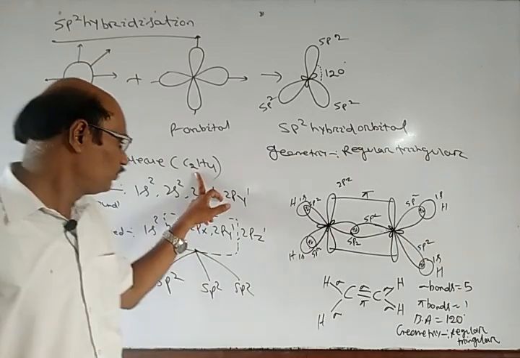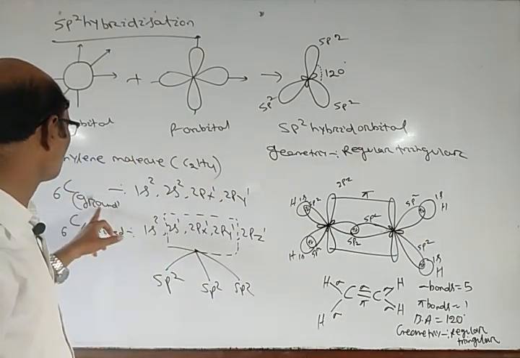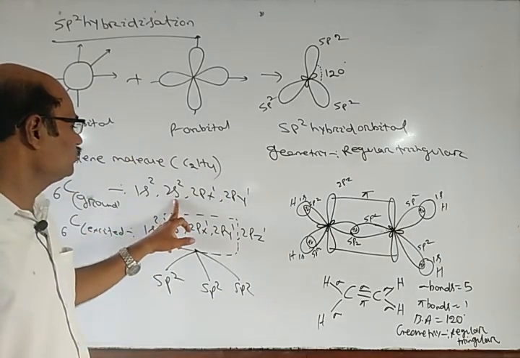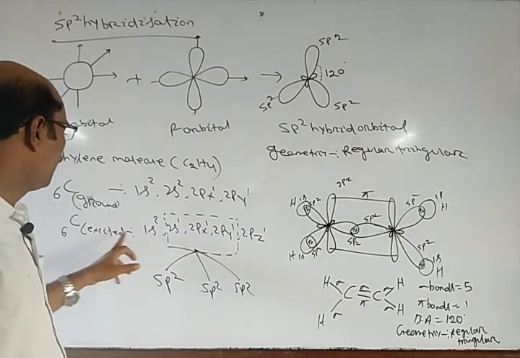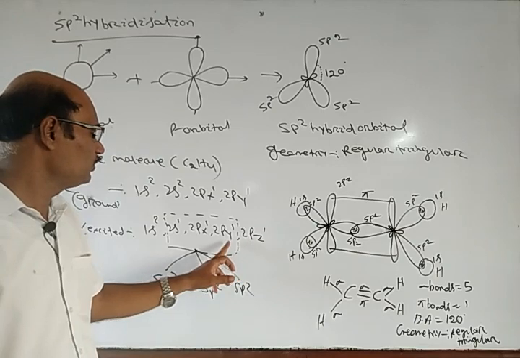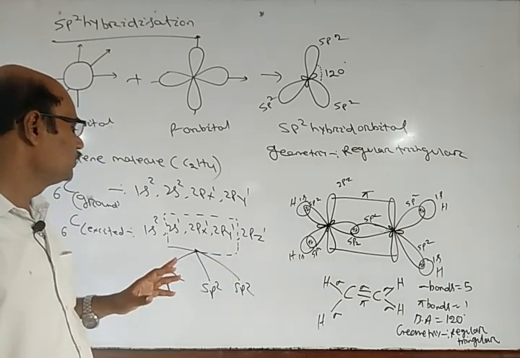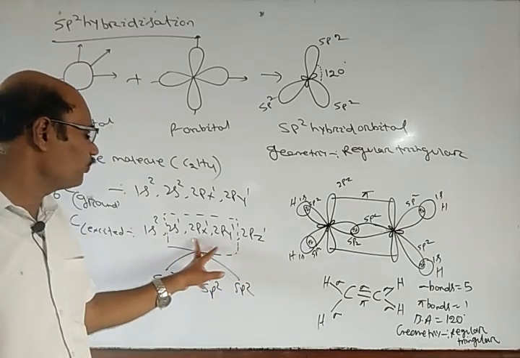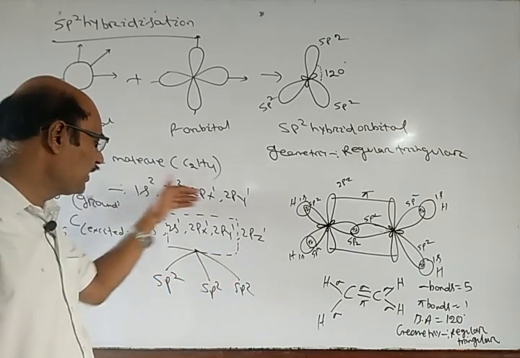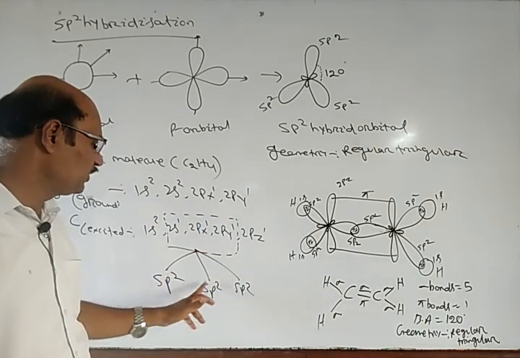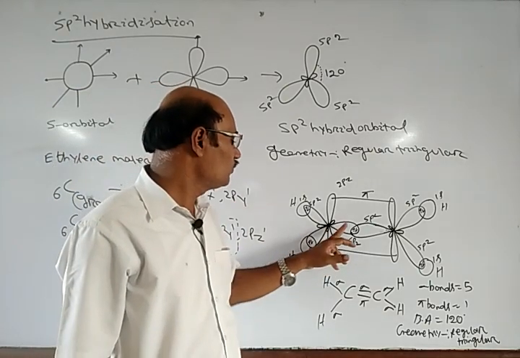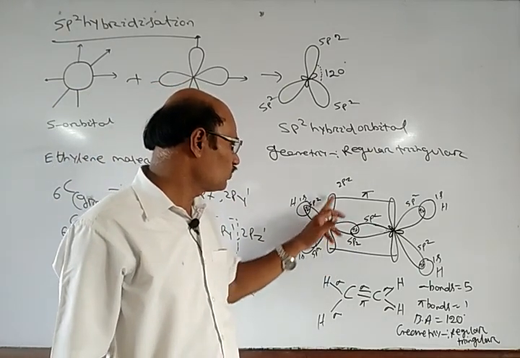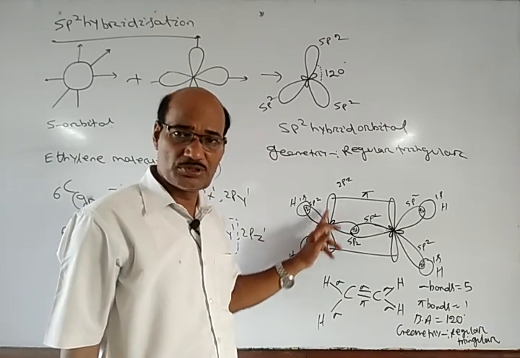Okay. So, here we have seen that carbon in the ground state is 1s2, 2s2, 2px1, 2py1. Now, in the excited state one electron jumps to 2pz. So, now one s and two p hybridize to give 3 sp2 hybrid orbitals. In each carbon, we have 1, 2, 3 sp2 and 1 unhybridized 2pz.